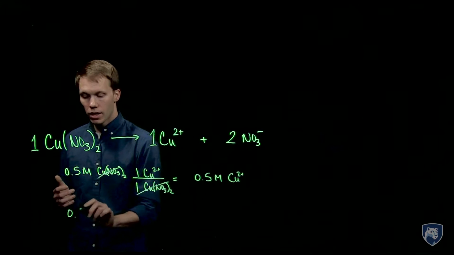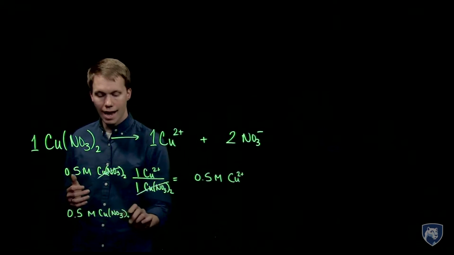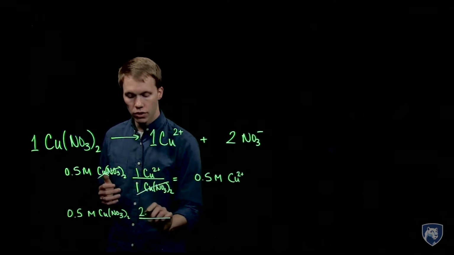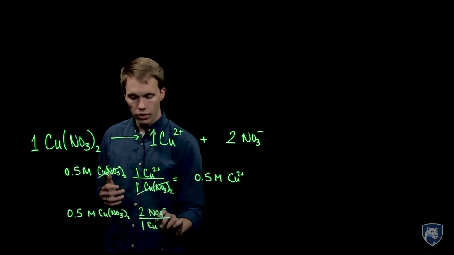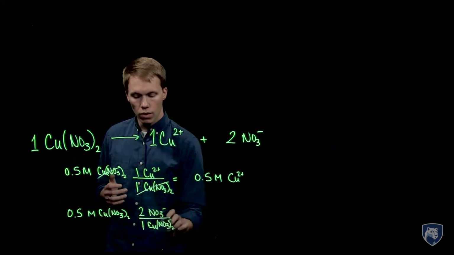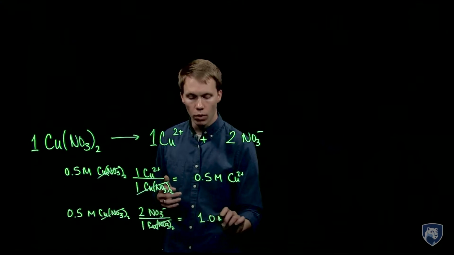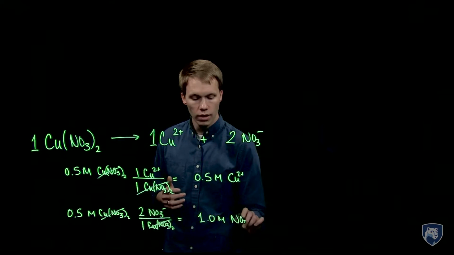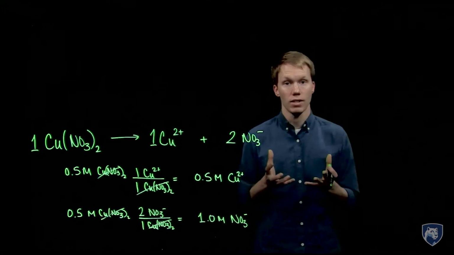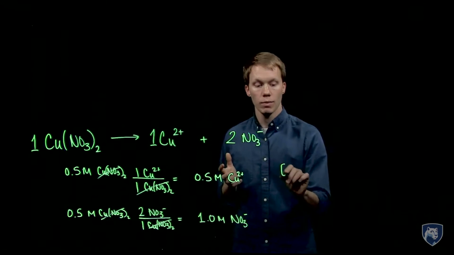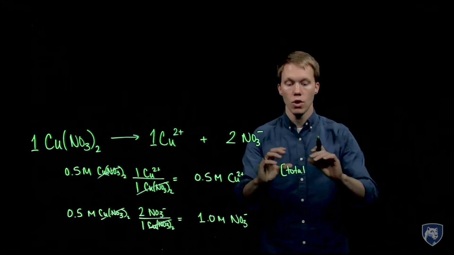When I consider the concentration of nitrate ions, I have a ratio, a stoichiometry of 2 nitrate ions per every one copper nitrate unit. So from here, I end up getting a concentration of 1 molar with respect to nitrate ion concentration.